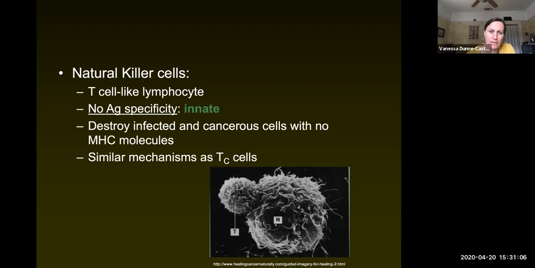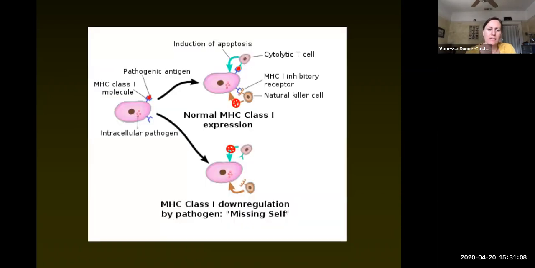So let me show you how this whole concept works. Here on the side is a self cell that is infected with a pathogen. So here's an intracellular pathogen. It is intra, not inter. An intracellular pathogen.